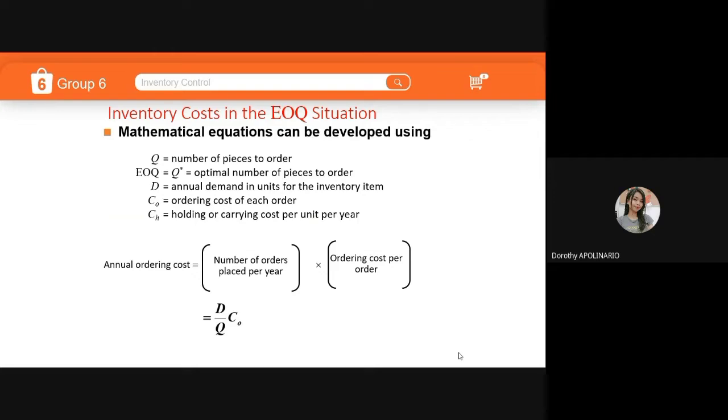C sub O stands for the ordering cost of each order, and C sub H for the holding or carrying cost per unit per year. The annual ordering cost is equal to the number of orders placed per year multiplied by the ordering cost per order. But in order to get the number of orders placed per year, we need first to divide the annual demand by the number of pieces to order.